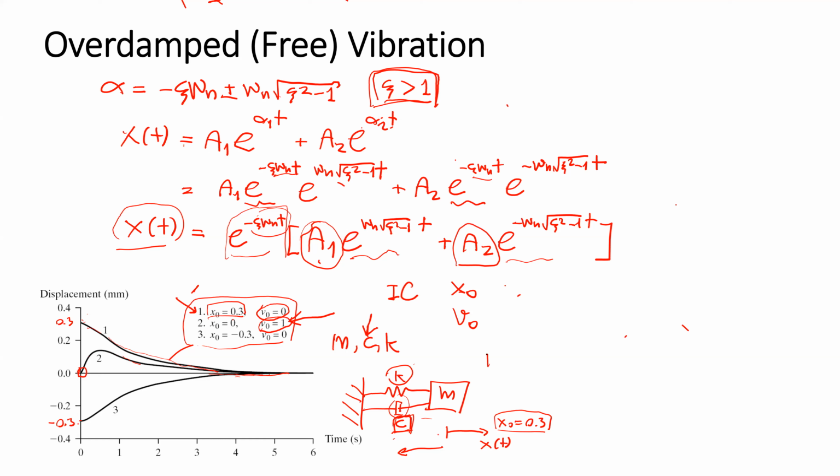If you remember, the force due to the damper is minus c x dot. The direction is always opposite to the velocity. The velocity is the slope of the curve that you see here. This is the plot between the displacement and the time, so the velocity is the slope of the plot.